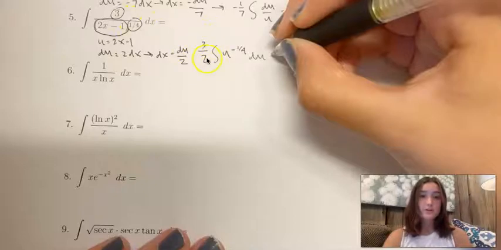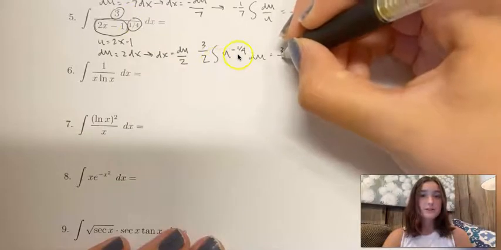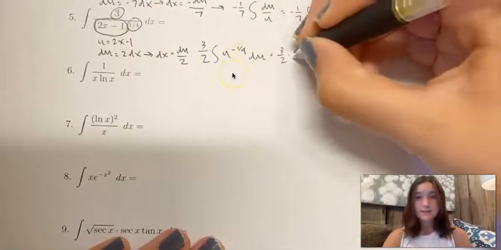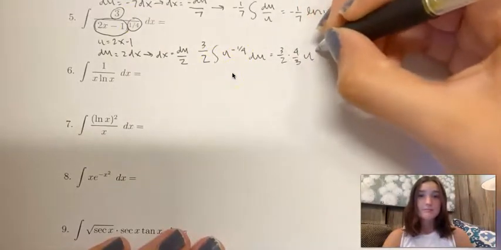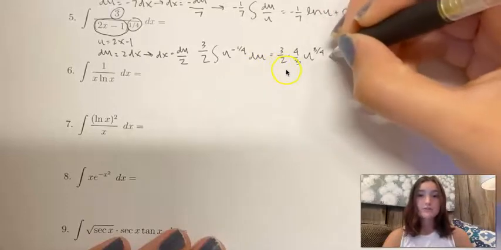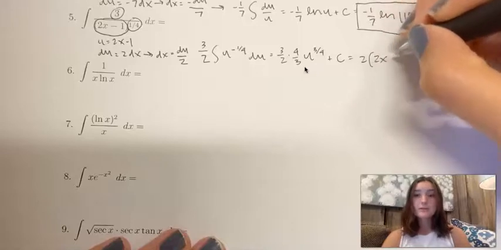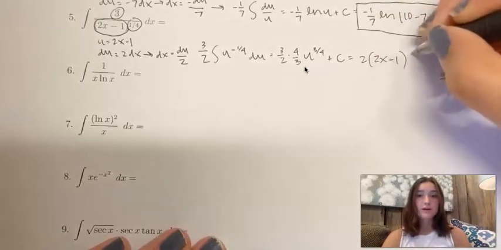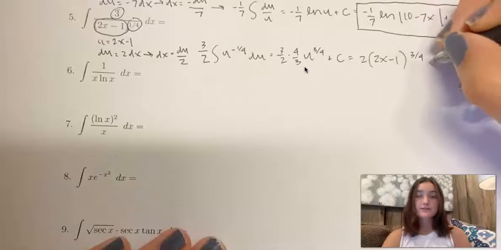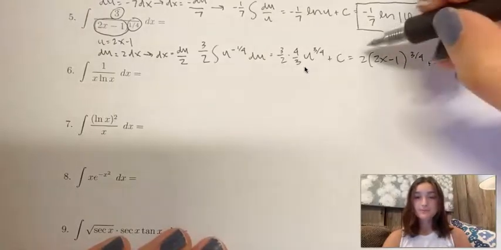So here I just put it with that 1/2 outside the integral. And I wrote this as u to the negative 1/4 just to make things easier when I'm integrating. The integral equals 3/2 times 4/3 u to the 3/4. That's the power rule that I'm using, plus c, and then I'm going to plug that 2x minus 1 back in for u.